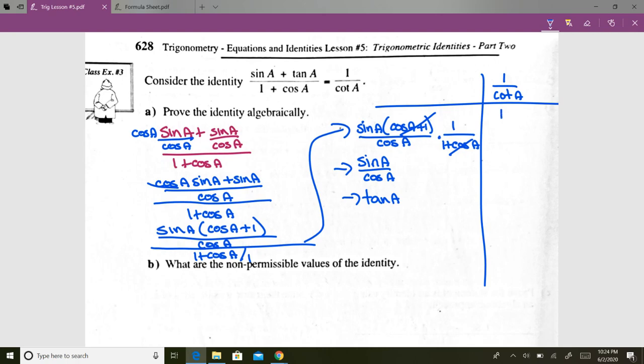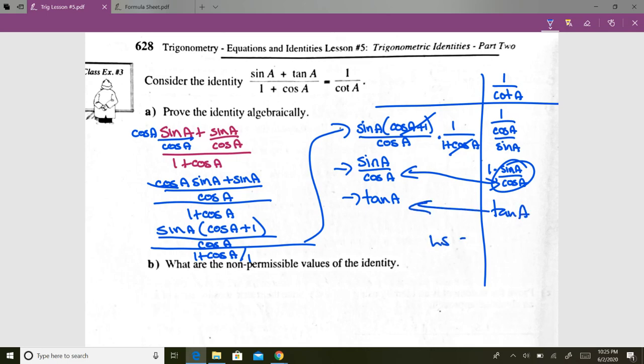So I can write this as 1 over cos of A over sine of A. 1 over a fraction means you flip the bottom. So I'm just left with sine A over cos A, which is tan A. And the left side is equal to the right side, and you're done.